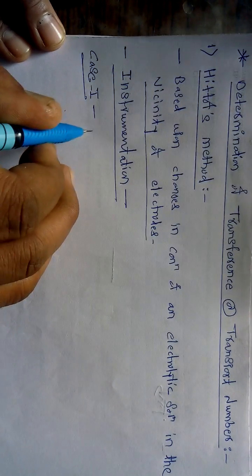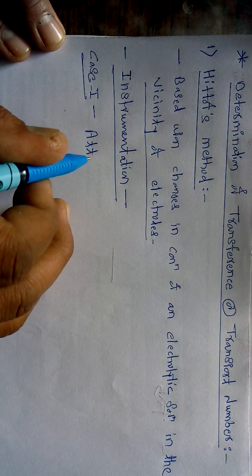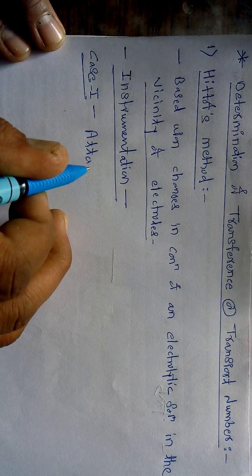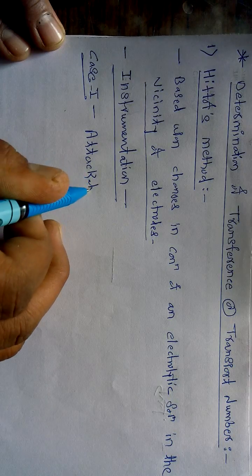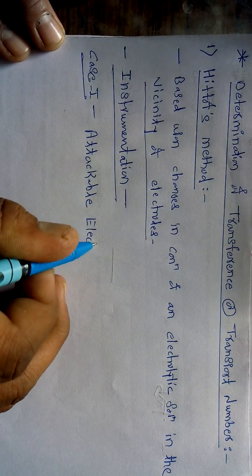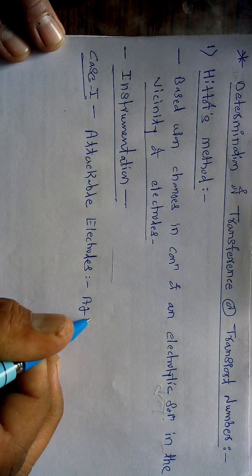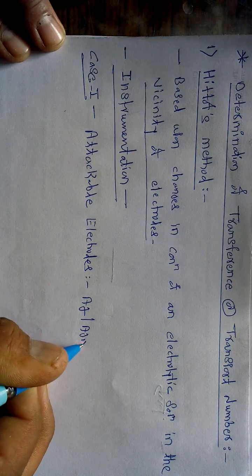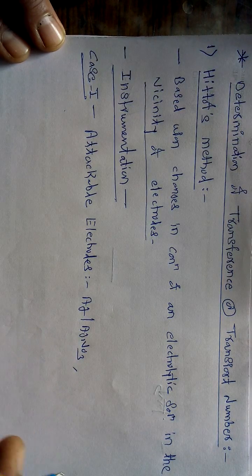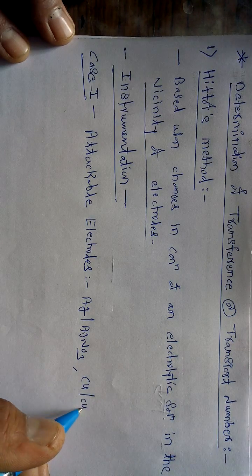In this case first, we have to take into consideration the type of electrodes, when we take the attackable electrodes. These electrodes are of the type such as silver nitrate, or we may take here either copper or copper sulfate.